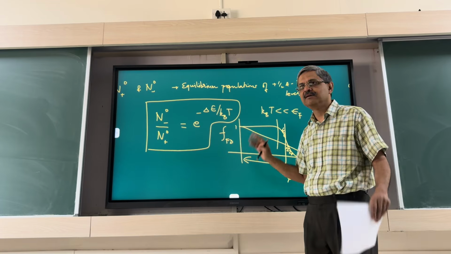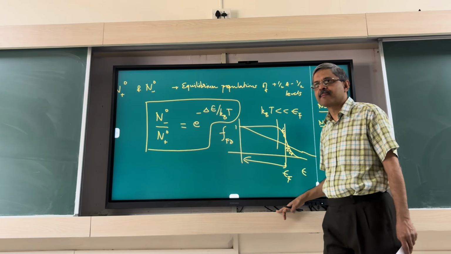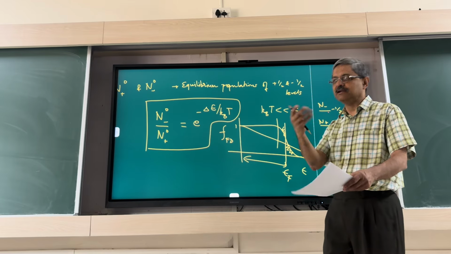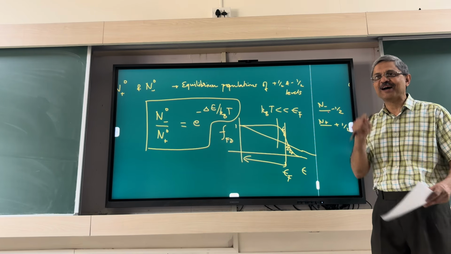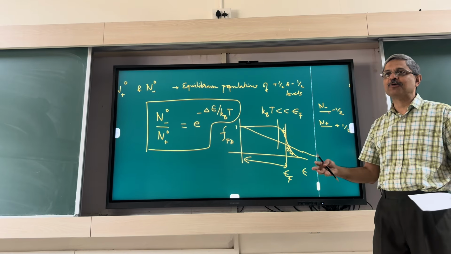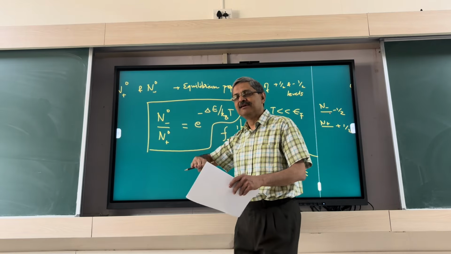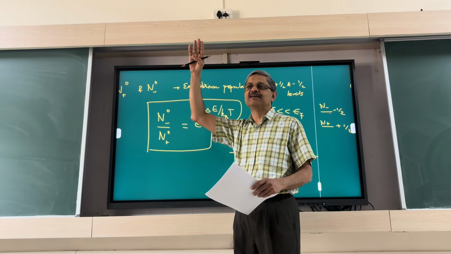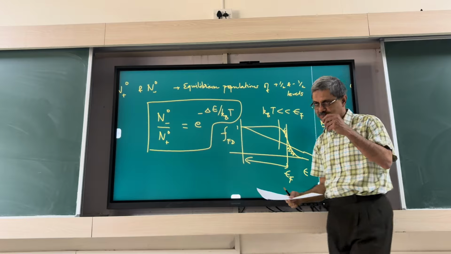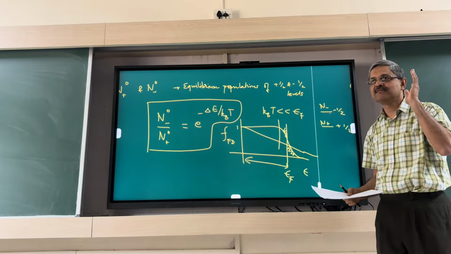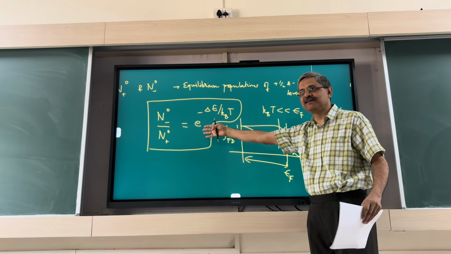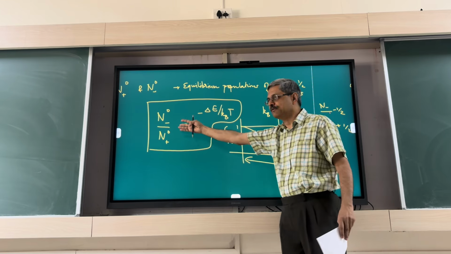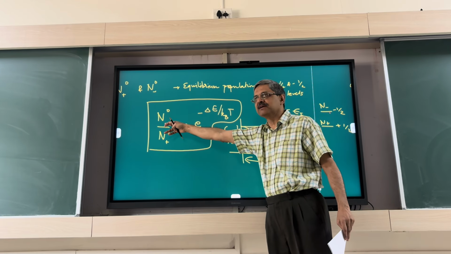So can we create the population inversion like we do in lasers here? Precisely. When you apply an RF field, this is exactly what you do. If you have it on long enough, you will pump everything from the ground to the excited state. So exactly, NMR is where you create a population inversion. You start out with this population ratio, no inversion obviously, n plus is more than n minus.